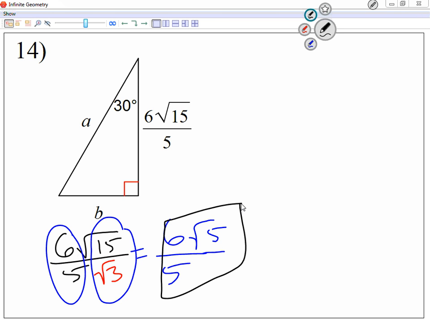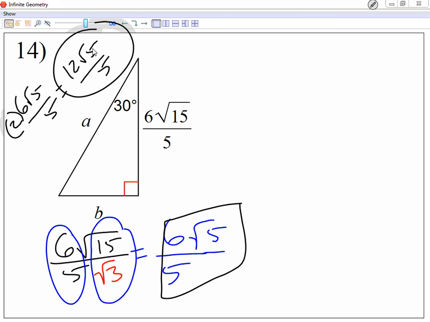That's B. For me to find A, I'm going to have 6 radical 5 over 5 times 2. Let me put my 2 up here. What was it? 12 radical 5 over 5. I look at my fraction, 12 over 5, that's as simple as we can go.